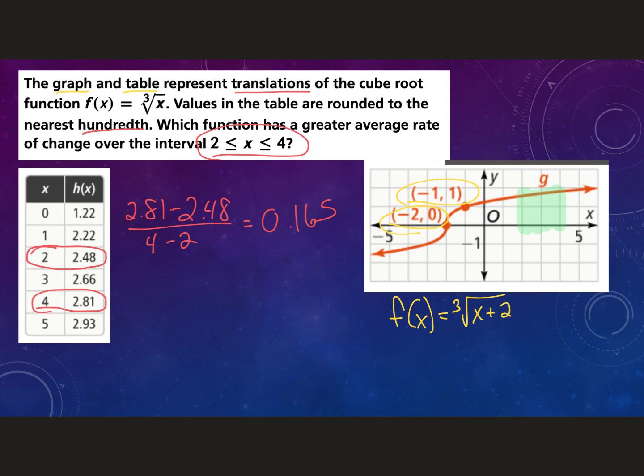In this case, I'm just going to put the 2 in. So I have the cube root of 4 minus the cube root of, when I put 4 in there, it becomes 6, all divided by negative 2, because I'm going the wrong direction. It would be 2 minus 4. So the cube root of 4 minus the cube root of 6.